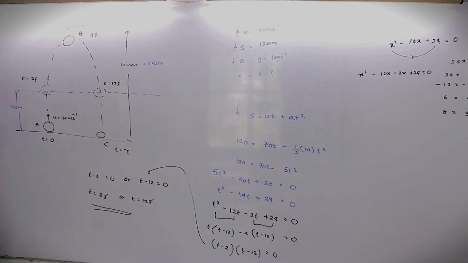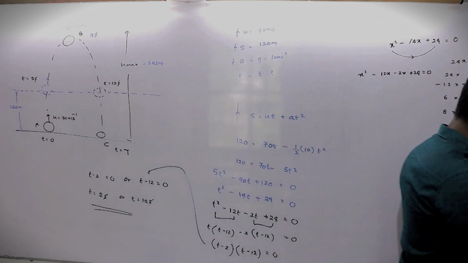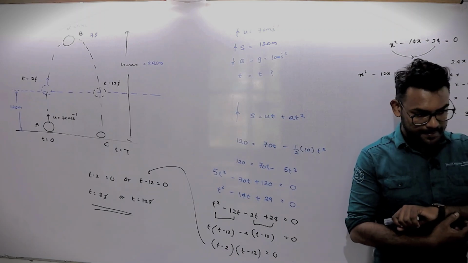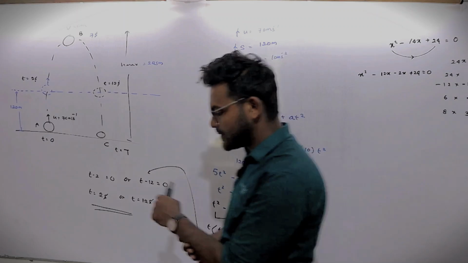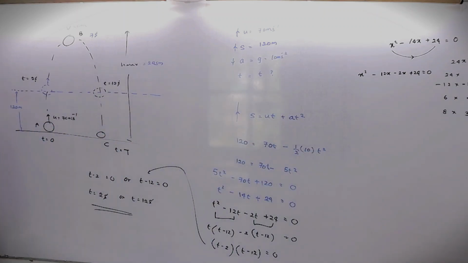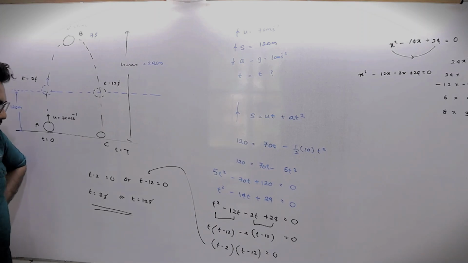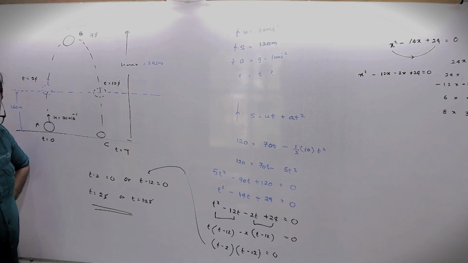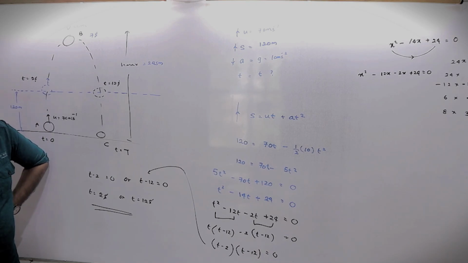The particle passes the 120 meter level at 2 seconds in ascending motion, and at 12 seconds in the descending motion.